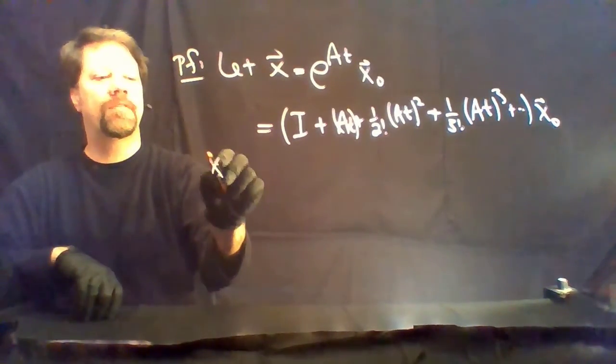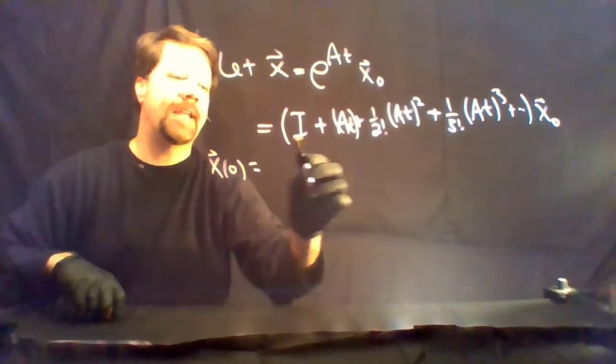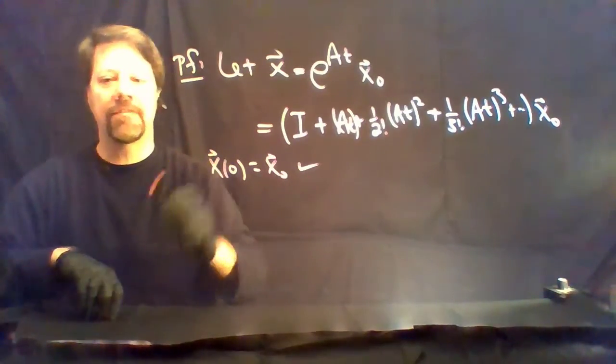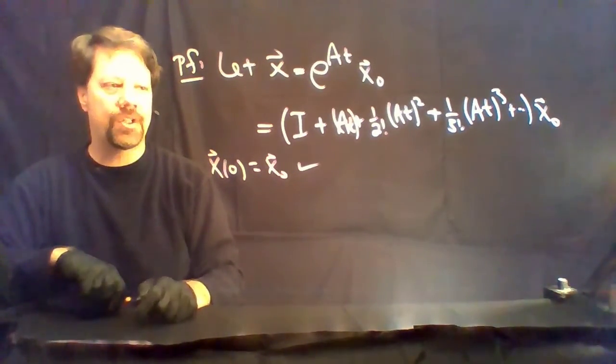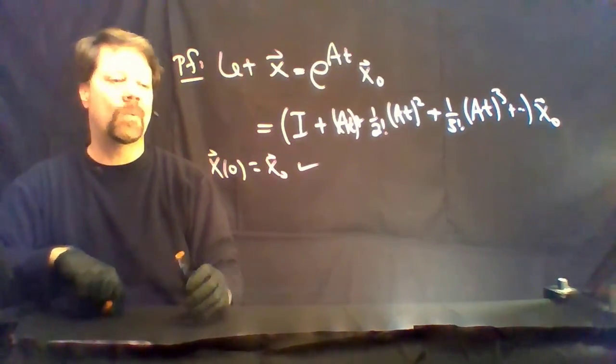Note that, first of all, if you plug in 0, these terms go away, and you end up with the identity times x naught, which gives you x naught. That confirms that it satisfies the initial condition. But now you have to prove that it satisfies the differential equation as well.